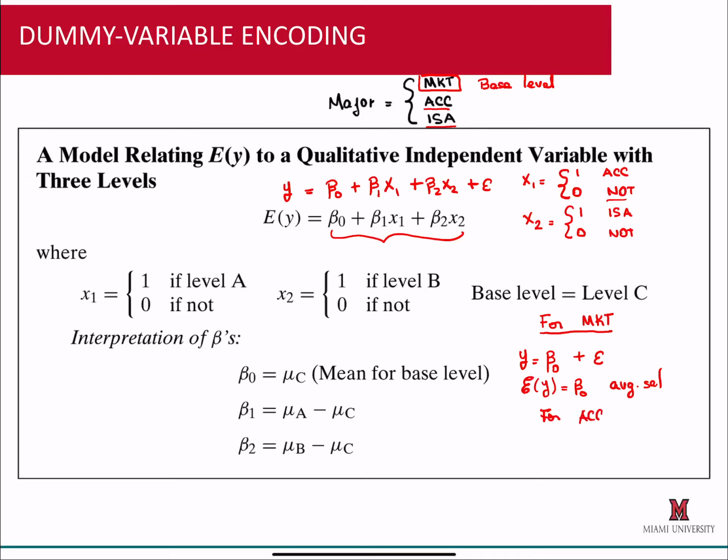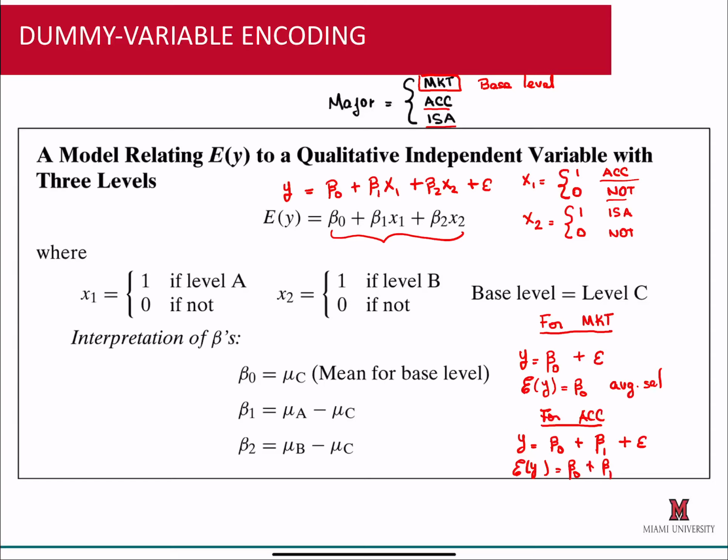Okay, so let's say for accounting. Well, we do the same thing. Y is equal to now beta 0 plus beta 1 times x1. Now x1 is going to be equal to 1. So we'll have just this, plus epsilon, and the expected value will be beta 0 plus beta 1. This would be the average salary for somebody who has a major of accounting.